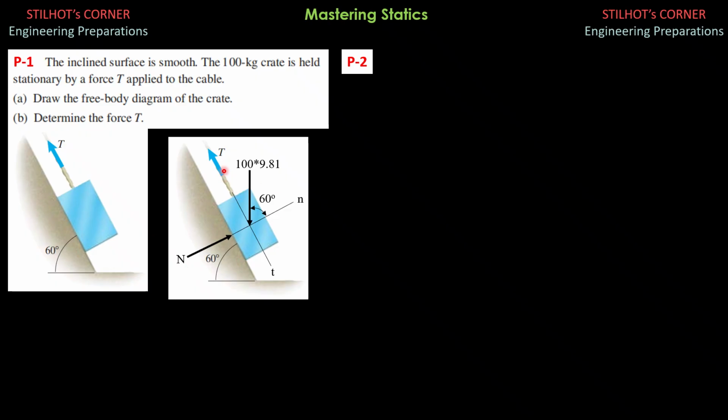To solve for T, independent of this normal force, because this is frictionless, we have to sum up forces along the t-axis, or tangential axis.